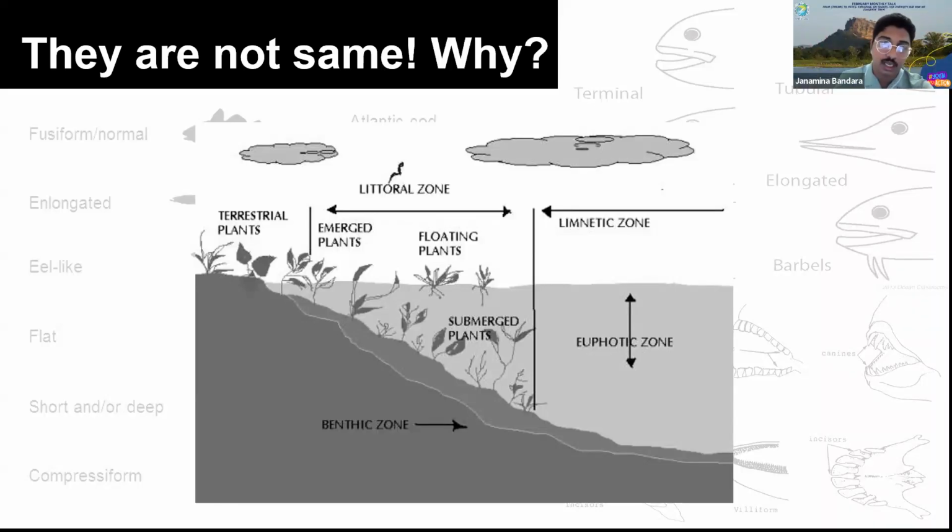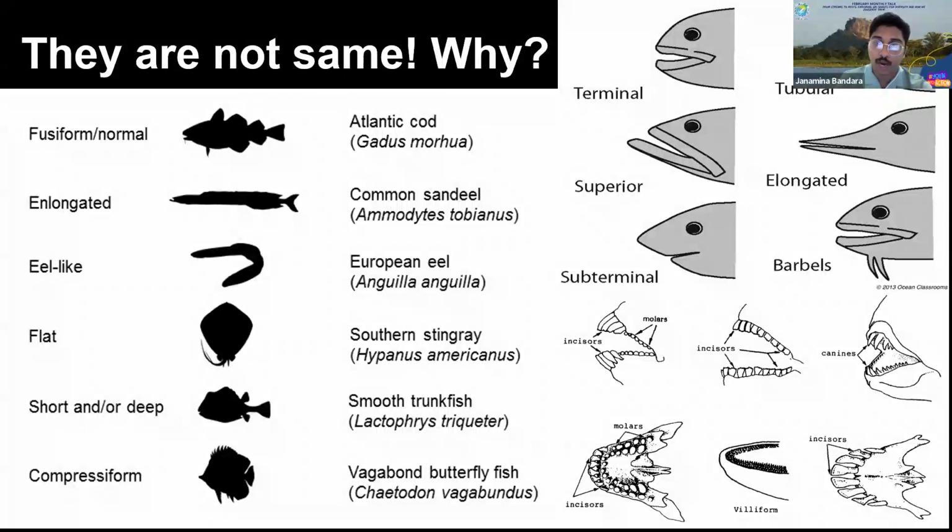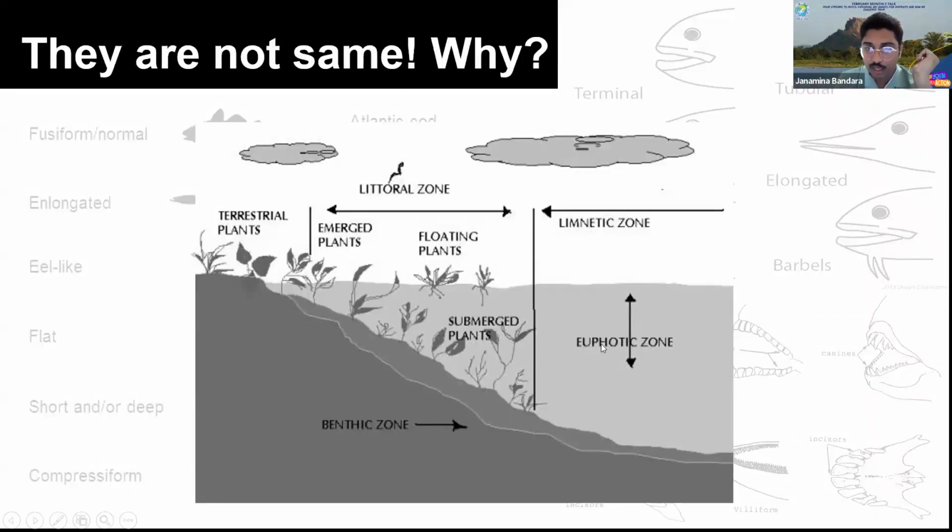For example, you can see here the fishes living in the benthic zone, which is the bottom of these reefs, usually have barbels, and their mouths are more superior to catch prey which falls on top of their head. But the species here, if you can see my cursor, in the zone called the euphotic zone, are pelagic species, free-swimming species in the water column.